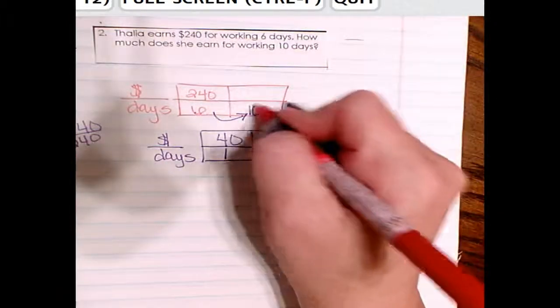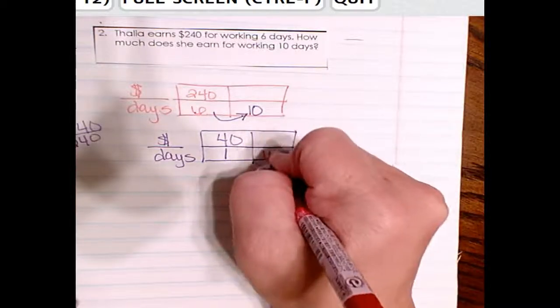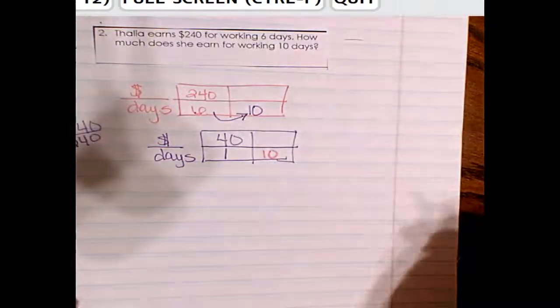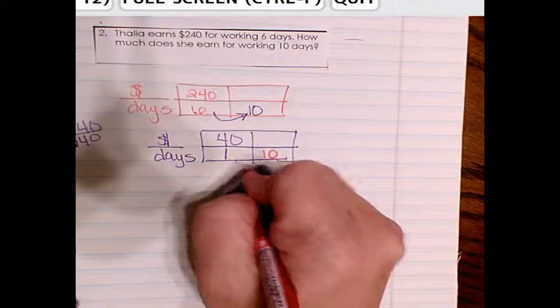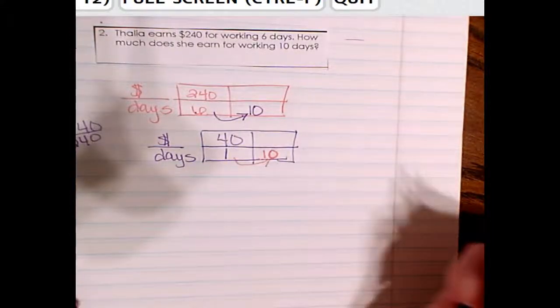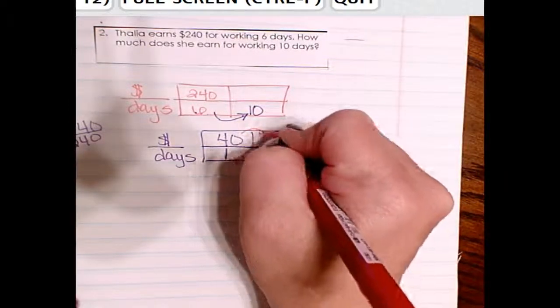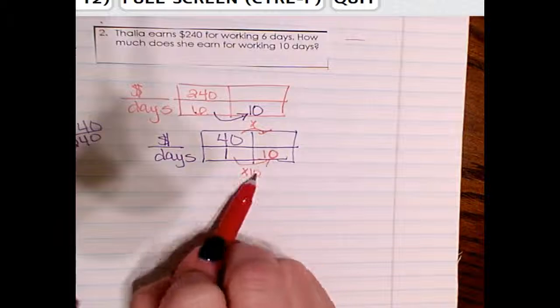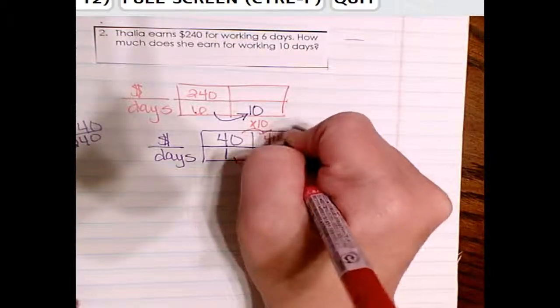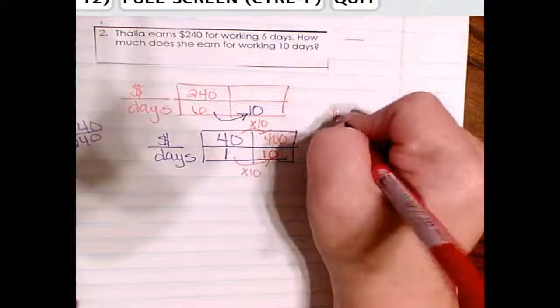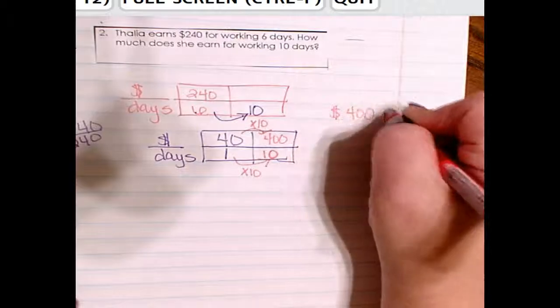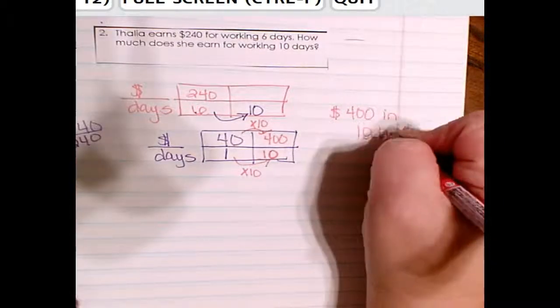Now we are still talking about 10 days. So 10 days. How does 1 go to 10? Times 10. How does 40 go to 10? If we multiply by 10 here, we have to multiply by 10 here. 40 times 10 is 400. So he earns $400 in 10 days.